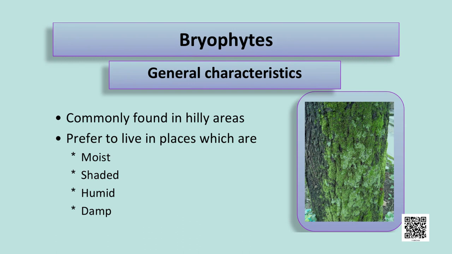The scientific study of bryophytes is called bryology. The people who love to observe, record and do research on bryophytes are called bryologists. Bryophytes exist in a wide variety of habitats. They can be found in extremely cold regions as well as in deserts, but most of them are commonly found in hilly areas and they prefer moist, shady, humid and damp places where no direct sunlight reaches.